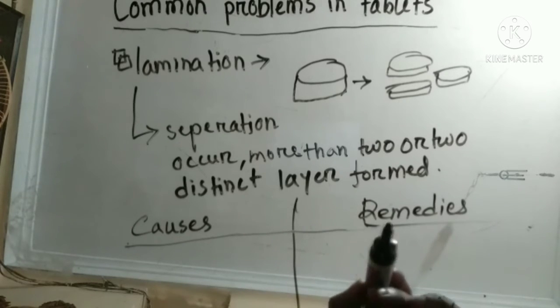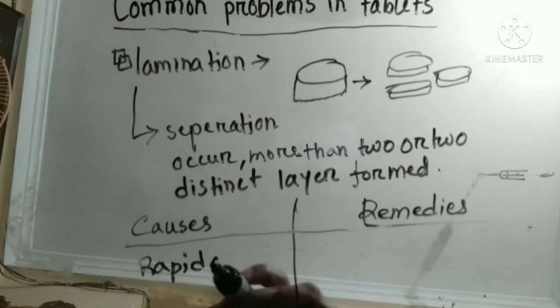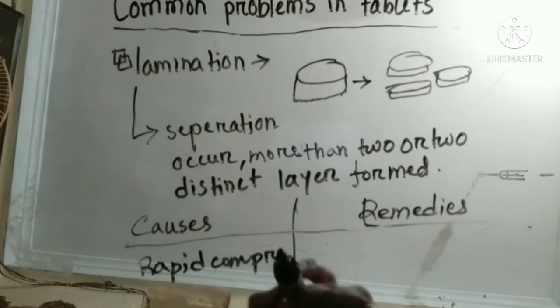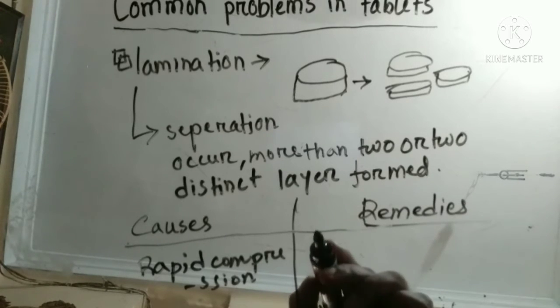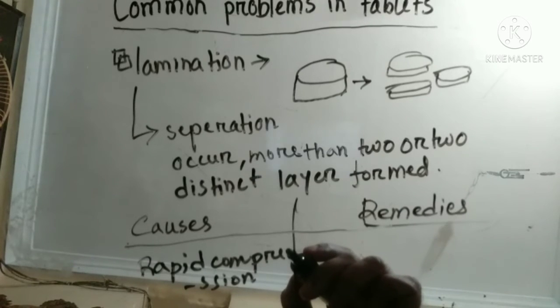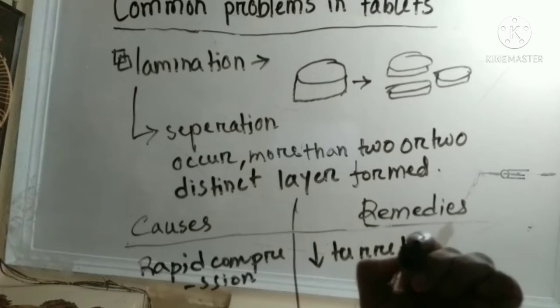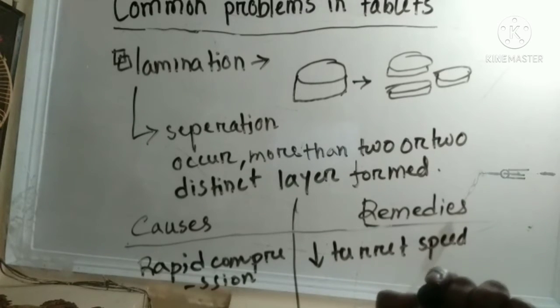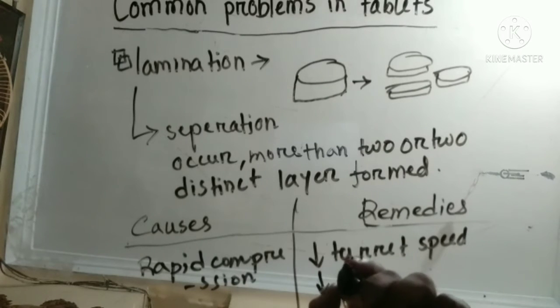So when rapid compression is used, in remedies we have to write that turret speed should be reduced, and also reduce the final pre-compression pressure.